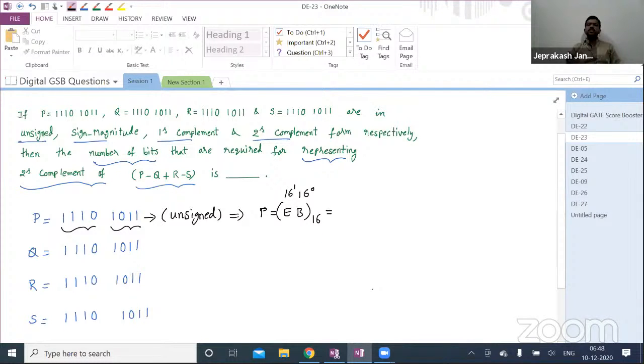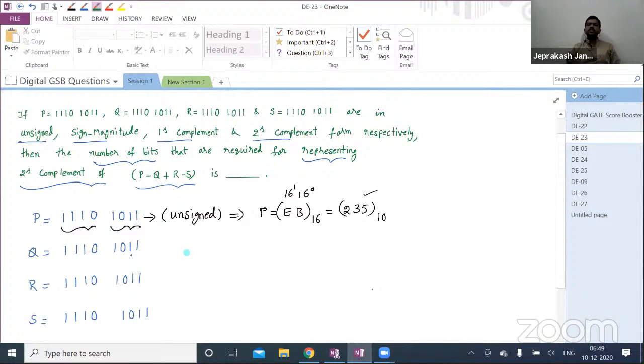Yes, 235 you'll get. Very good, Srinivas. So if this 8-bit number belongs to the unsigned category, then the corresponding decimal number is 235.